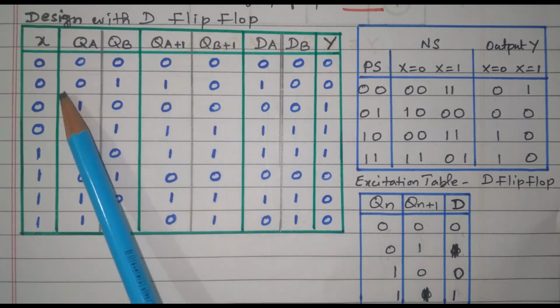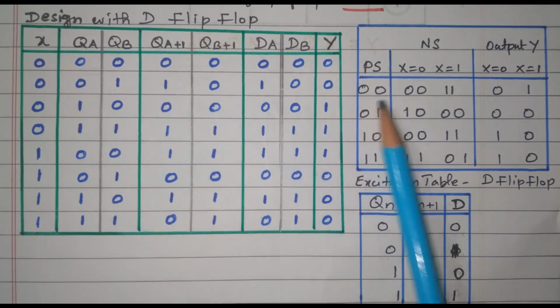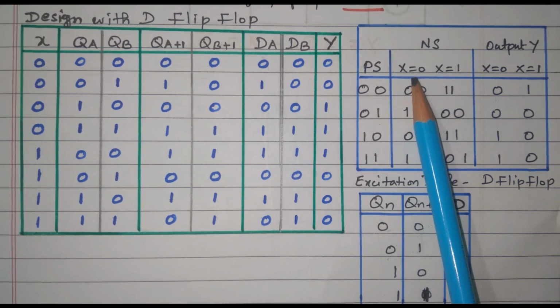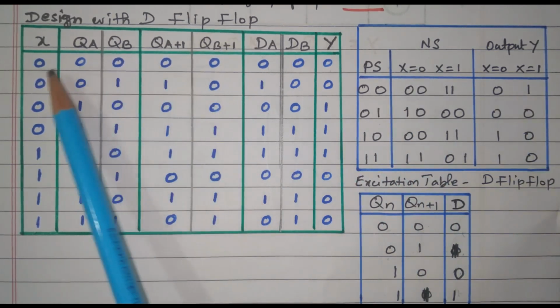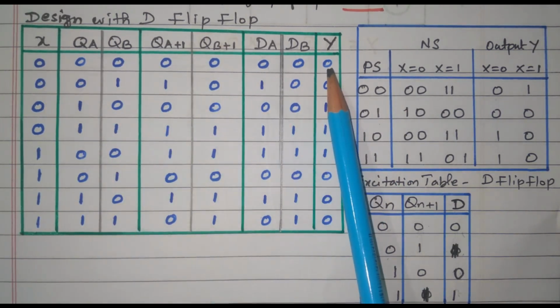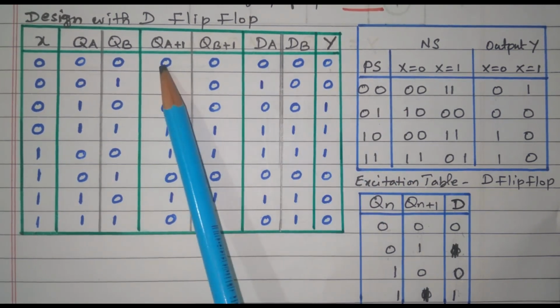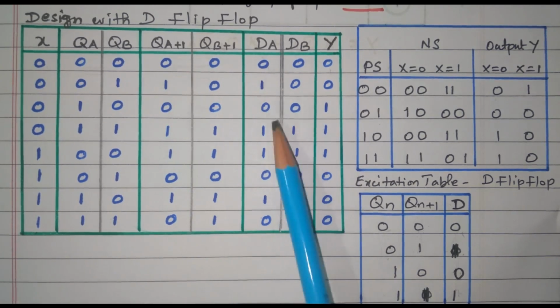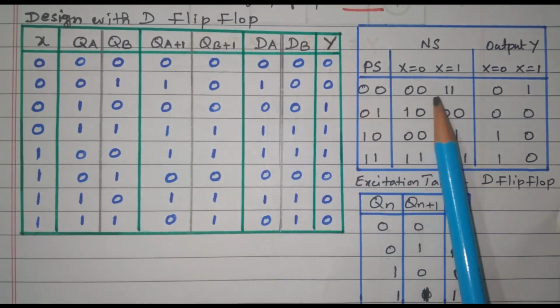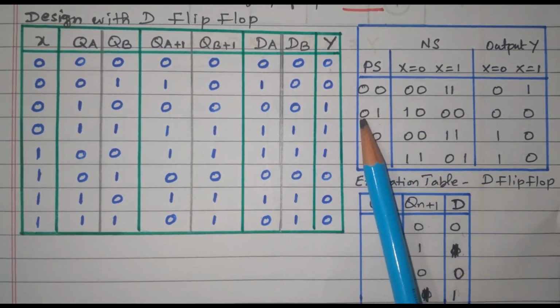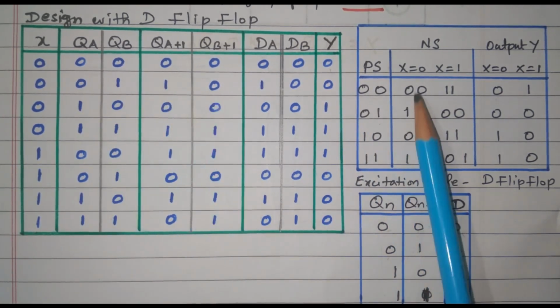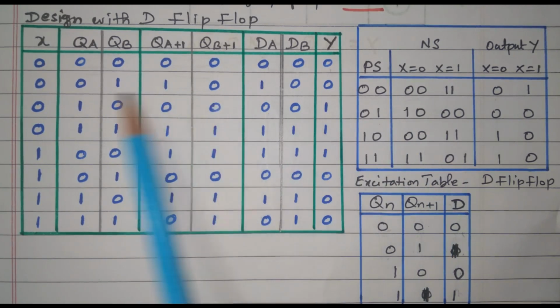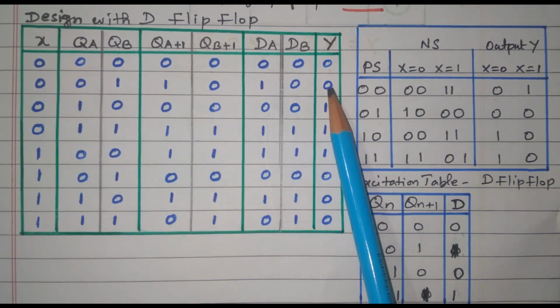Okay. Now we will see the remaining terms. 00 to 00, input is 0, output also 0. What is the D input? That is nothing but the next state. So 00 to 00, then 01 to 10, input is 0, output also 0.